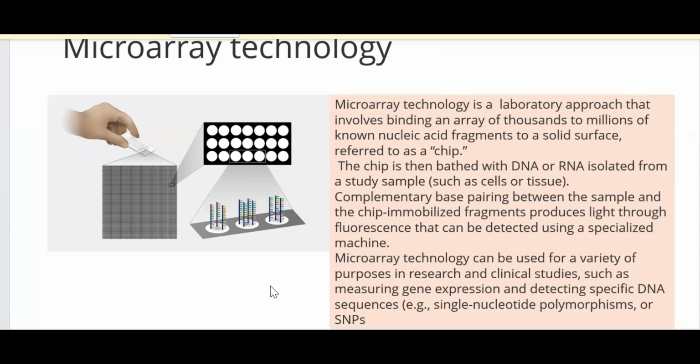Now this glass, plastic or silicon wafer is referred to as a chip, right? Chips are there in computers also, and a lot of data can be accommodated in those chips. Similarly, here, millions of DNA sequences or fragments can be assembled onto it and analyzed.